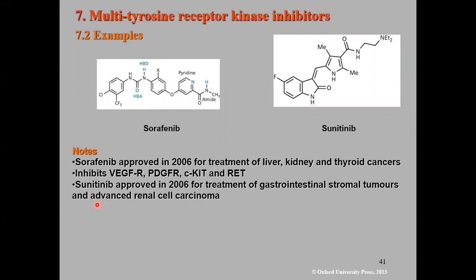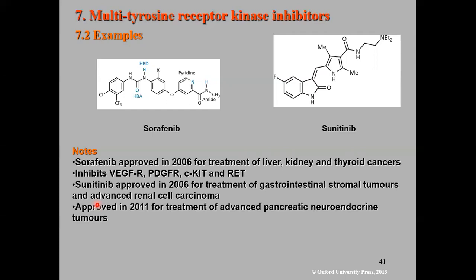While sunitinib approved in 2006 also for treatment of gastrointestinal stromal tumors. See, tumors, not tumor, tumors. And advanced renal cell carcinoma. All right. Sunitinib also approved in 2011 for treatment of advanced pancreatic neuroendocrine tumors.